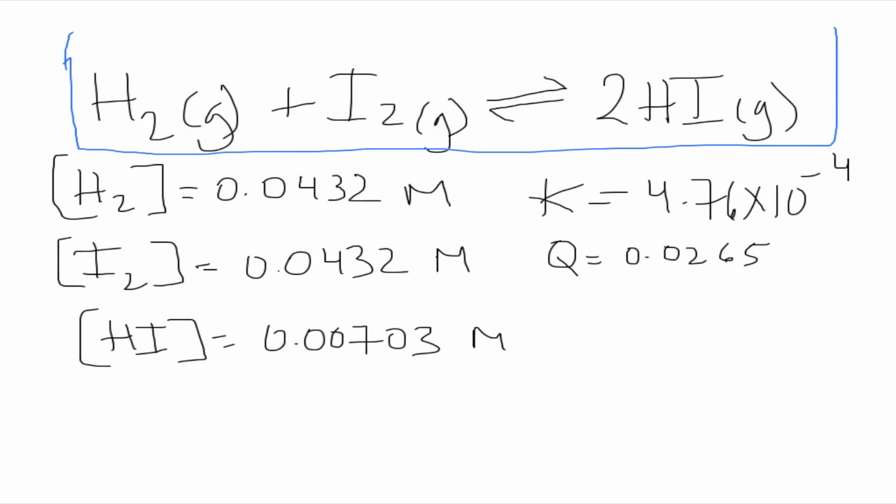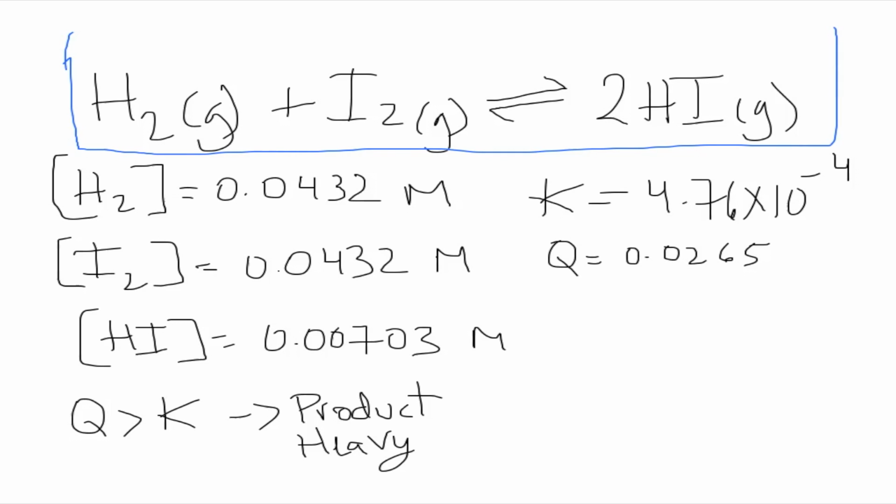So in this case, Q is bigger than K, meaning that the system is product heavy. So it needs to proceed towards reactants to reach equilibrium. More reactants have to be formed.